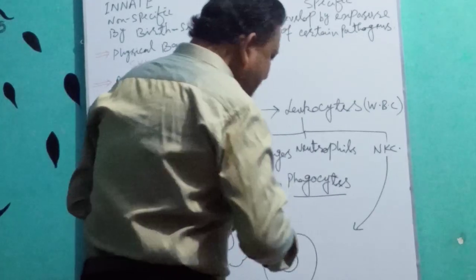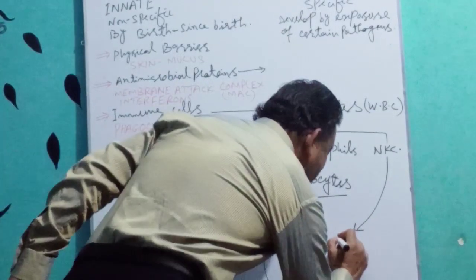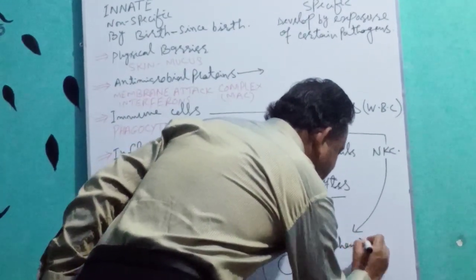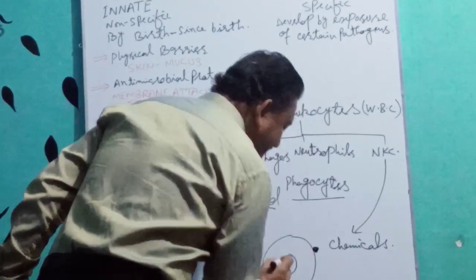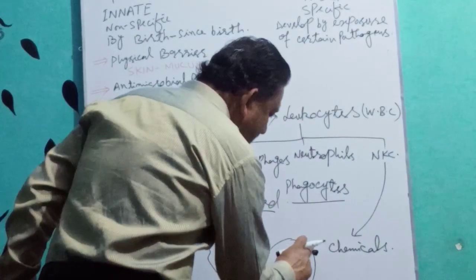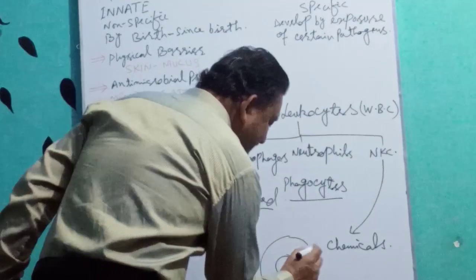So natural killer cells secrete some chemicals, and these chemicals create holes in infected cells.